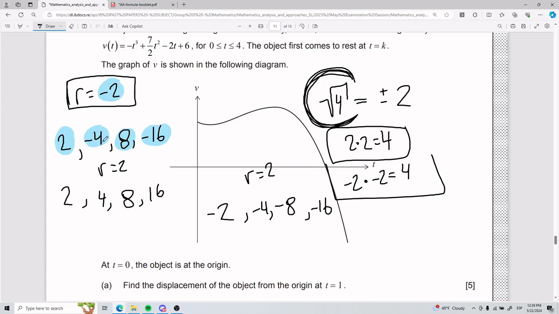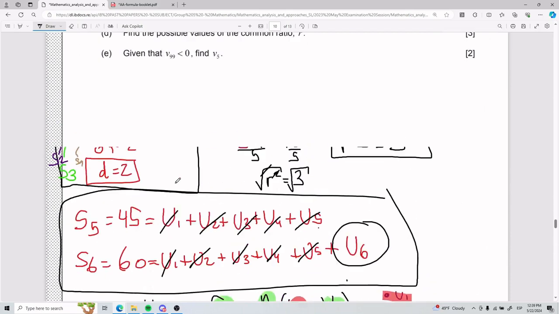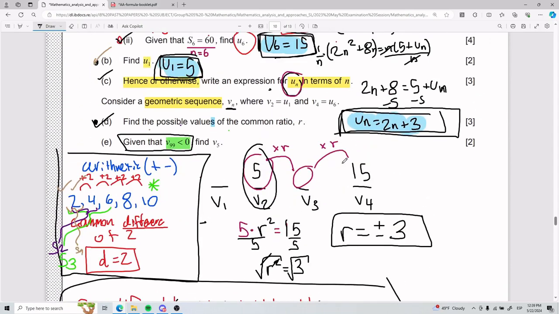The other way to think about it: in this example, the odd terms, v1, v2, v3, v4, were positive while the even ones were negative. Over here, the even ones are positive, and the odd ones, like the 99th term since 99 is odd, are going to be negative. The 99th term is negative, that means r has to be negative.